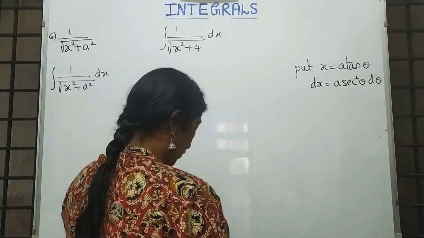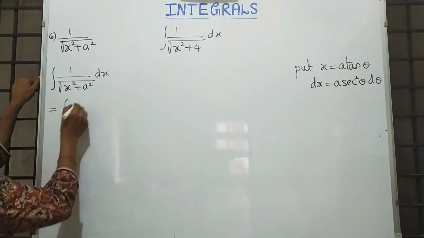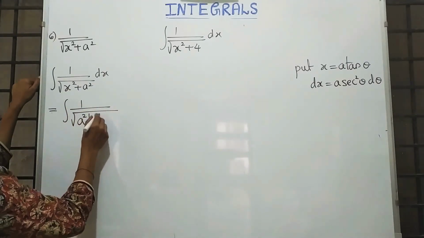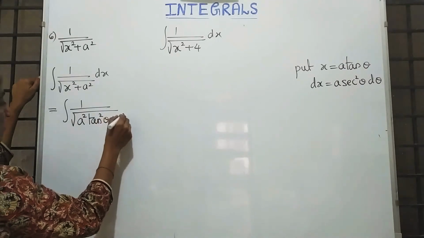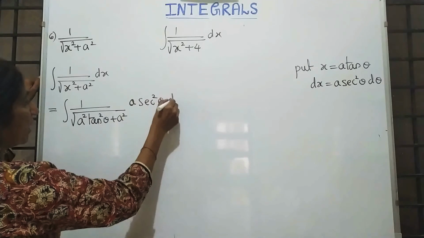Now write down those values. 1 upon root of a square tan square theta plus a square, into a secant square theta d theta.